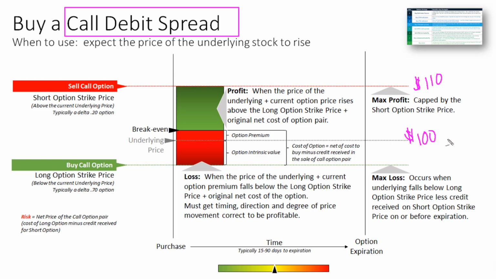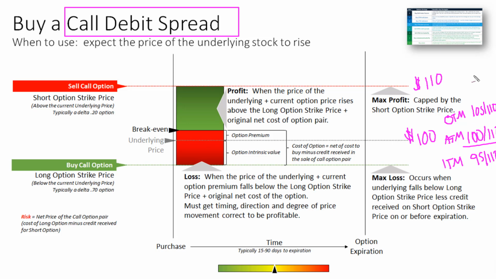You could buy the 100, 110. If you did that, it would be an at the money debit spread. If you did it in the money, like a delta 70, delta 60, you could do 95, 110. If you did it out of the money, you could do 105, 110.